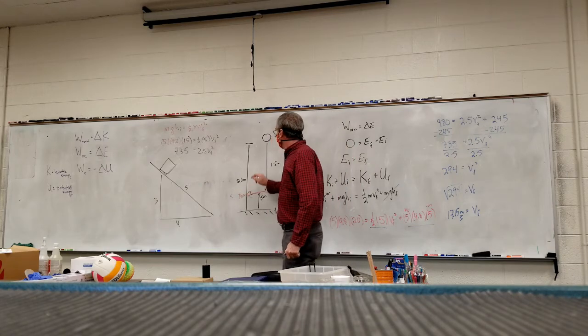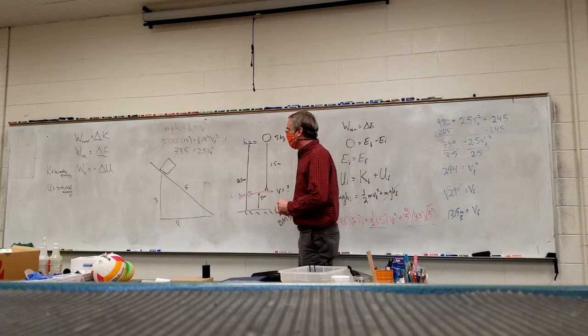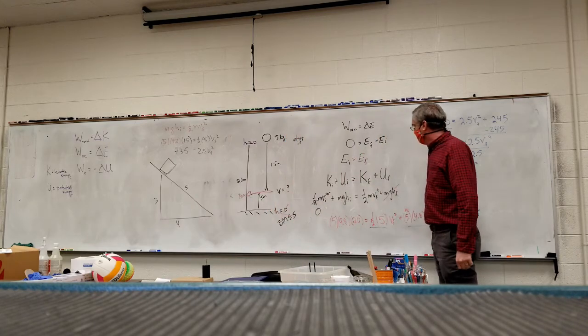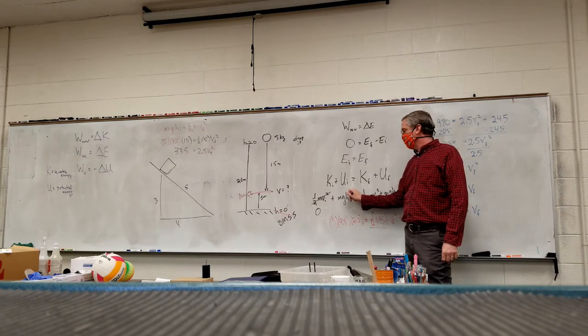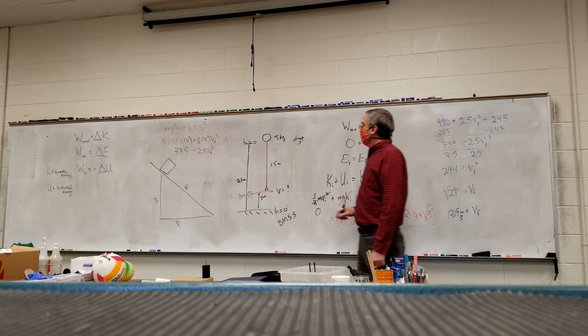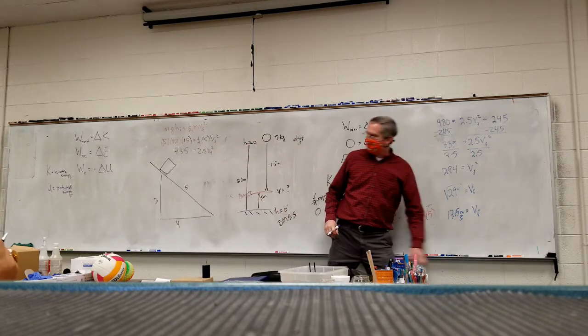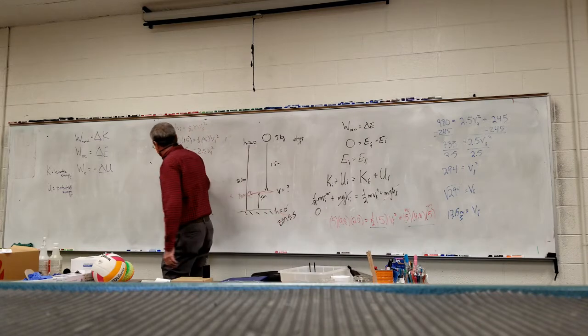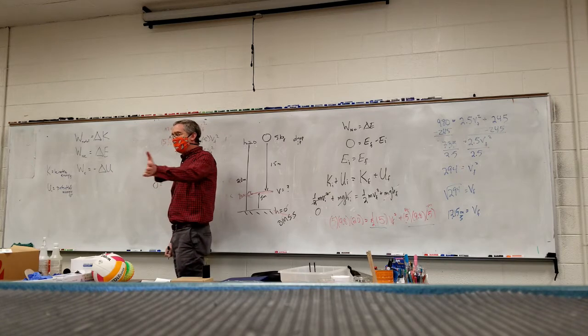Get rid of that. Let's make h equal to 0 at the top. So now my initial height drops out. Final height is back in. And I guess I need to erase my triangle there. Zero on the left-hand side because it starts out at height equal to 0.